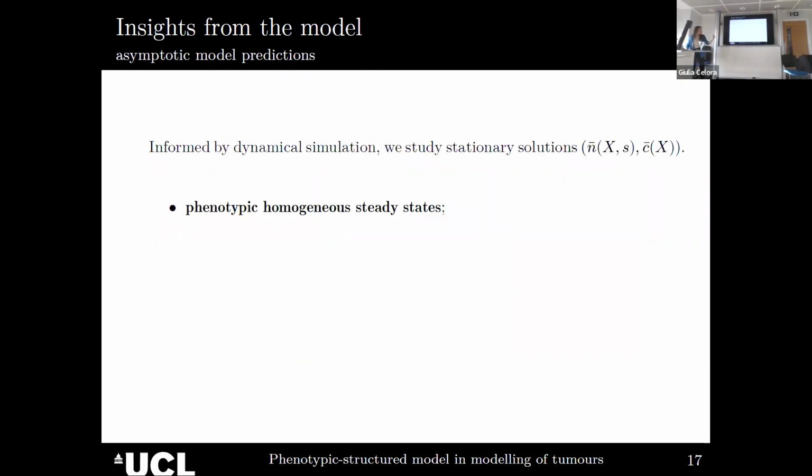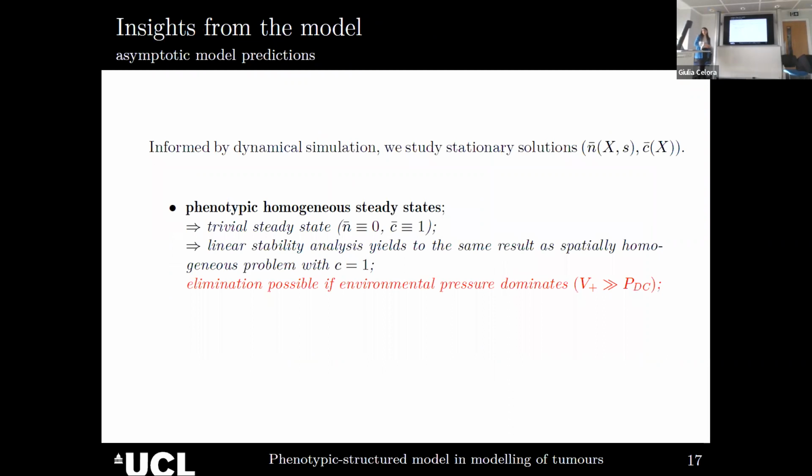Again, we focus on stationary solutions. Dynamical simulation suggests that we always converge to a stationary solution, not proven though. We have again the phenotypically homogeneous steady state, and we have the trivial steady state. The only one possible is the trivial steady state with the constant oxygen level equal to 1, because there are no cells consuming oxygen.